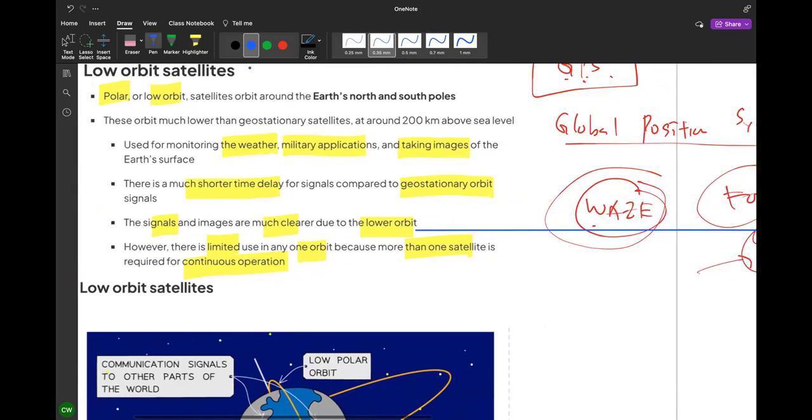So it's for weather forecast, because we want to know whether today is going to rain or not. If it's going to rain, then you cannot go out. Military application, they will go there and spy, to see whether you have anything dangerous or any weapon. Then sometimes they take pictures, your house picture.